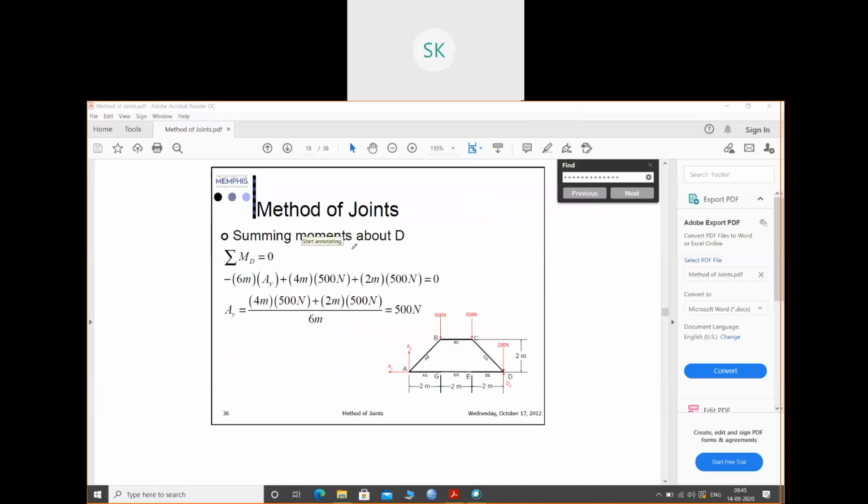Moment is nothing but force into displacement. You know this formula. So summing moments about point D, we are finding moments about point D.